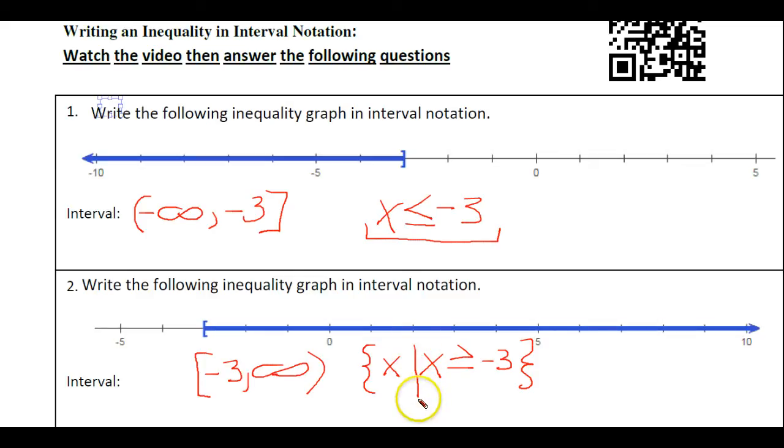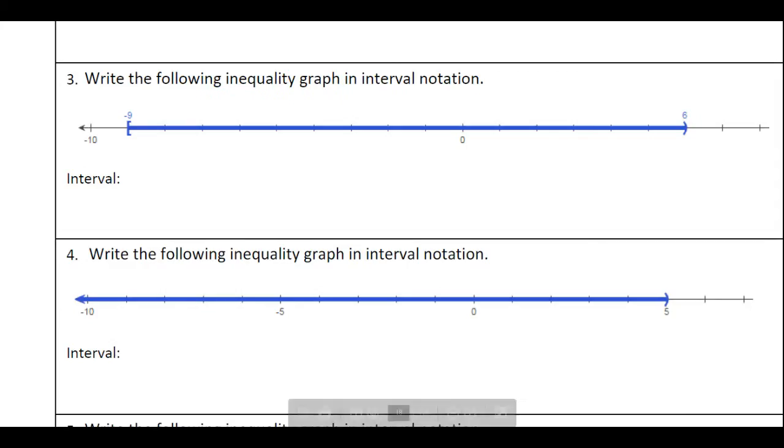X is such that x is greater or equal to negative 3. X is such that x is less than or equal to negative 3. And we put that in braces. Okay, so we'll let you work on these two and see what you come up with.